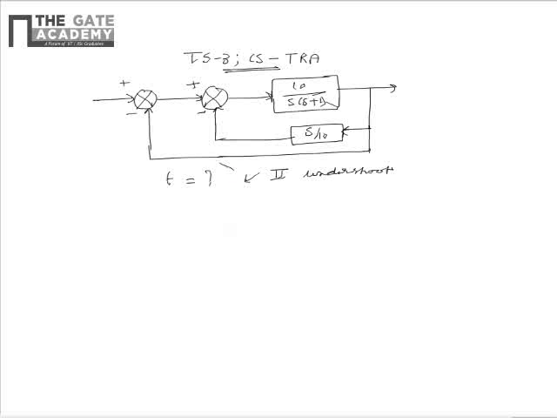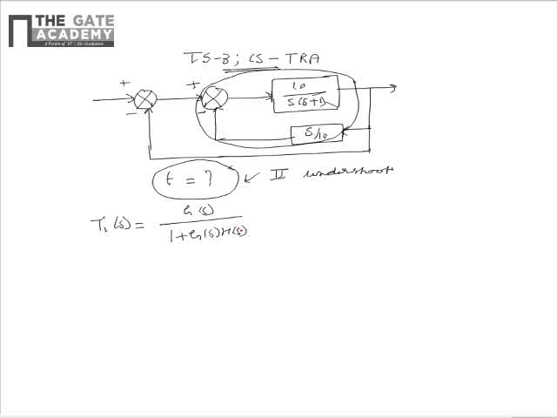So for finding the instant of the second undershoot, let us find the overall transfer function of the control system, for which we will first find the transfer function of the marked part of the control system. It is given as T1 of s is equal to g of s divided by 1 plus g of s into h of s.